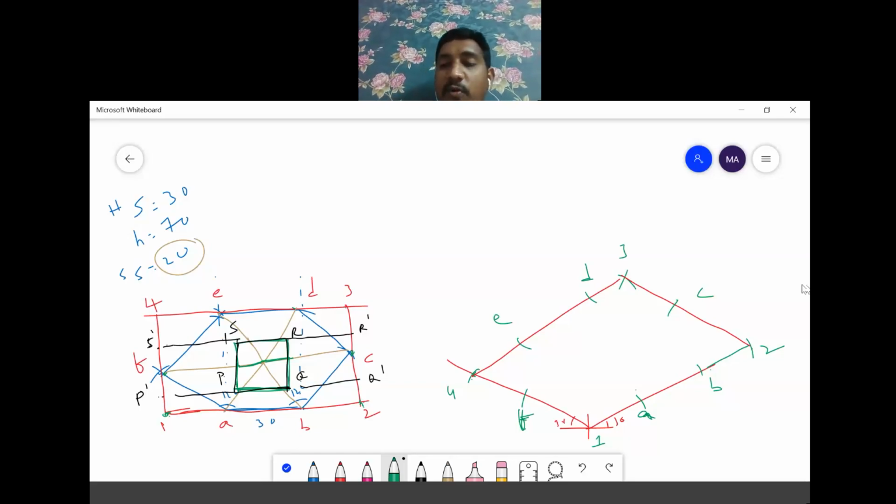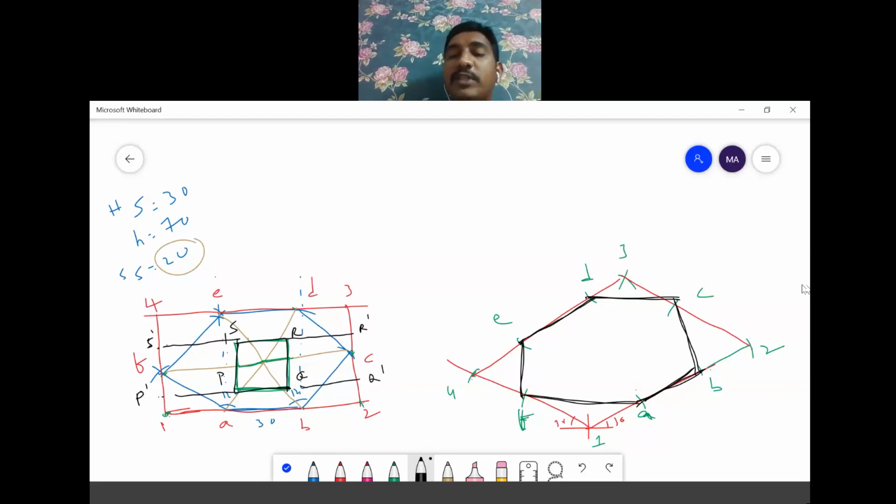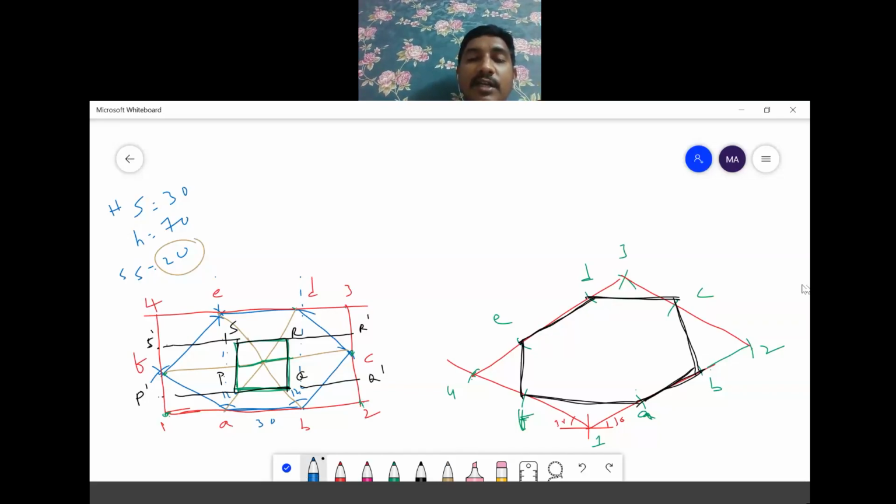I am joining all these points with a scale. I will get a hexagon in isometric projection. Then I am projecting this rectangle to the top again. Here he has given the height as 70 mm.